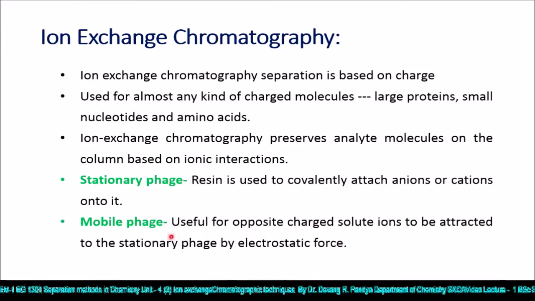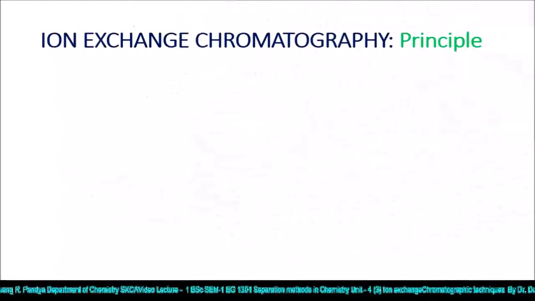That way, these two phases have different tendencies. One is going to have a covalent attachment with anions and cations onto it, and the other has electrostatic force of attraction with the charged solute ions, and that way the separation in ion exchange chromatography takes place.